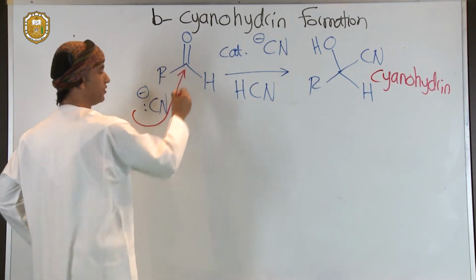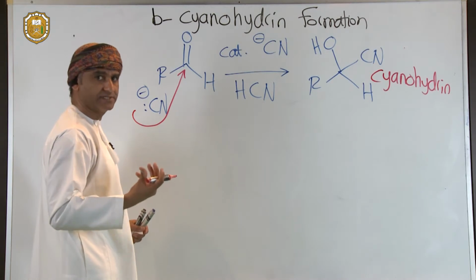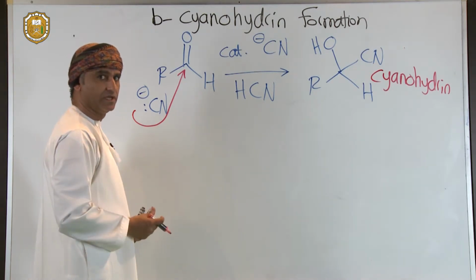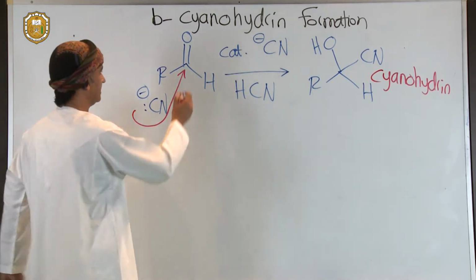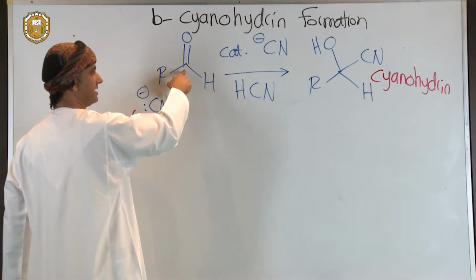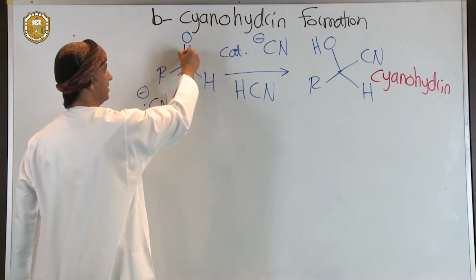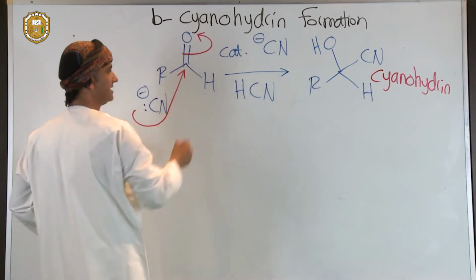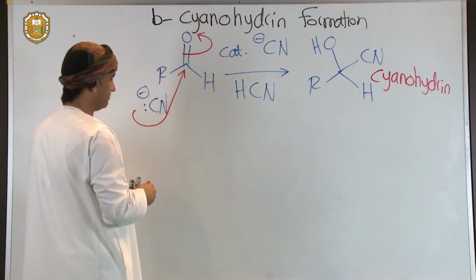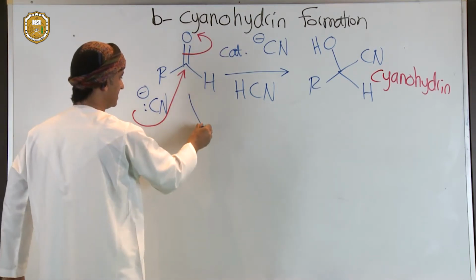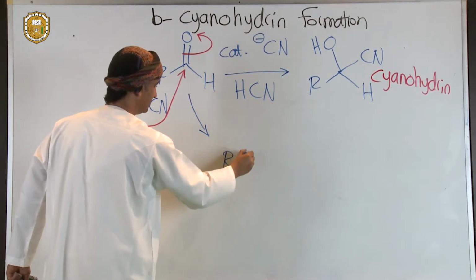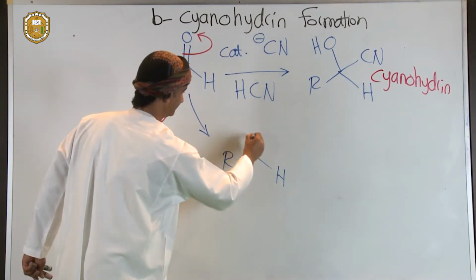Remember the Burgi-Dunitz angle, the angle of attack of nucleophiles on aldehydes and ketones. So the nucleophile attacks that carbon, and the carbon-oxygen double bond simultaneously breaks. And if that happens, we get the nucleophilic addition product.